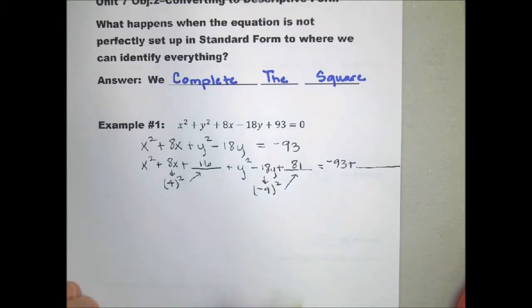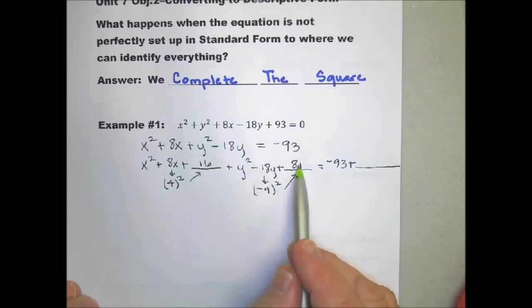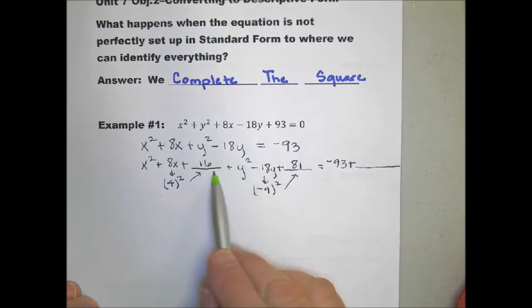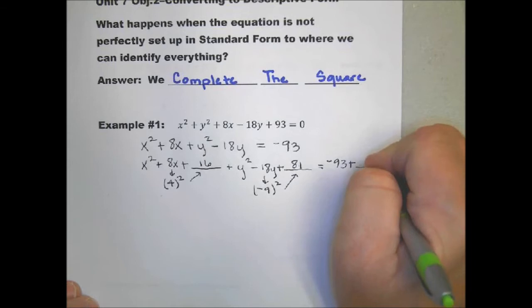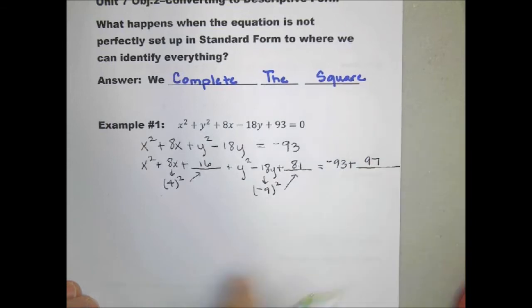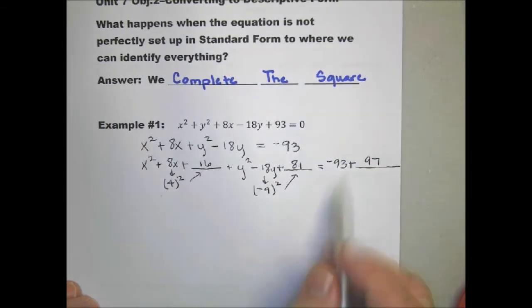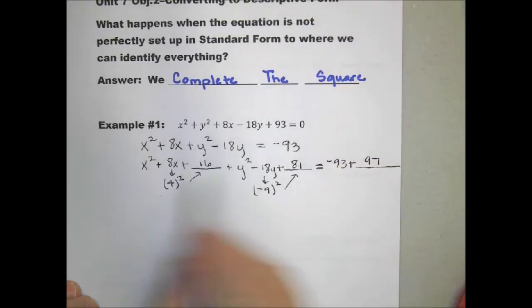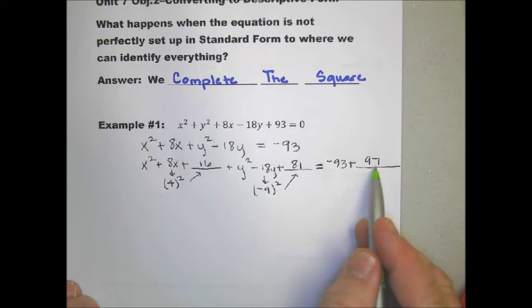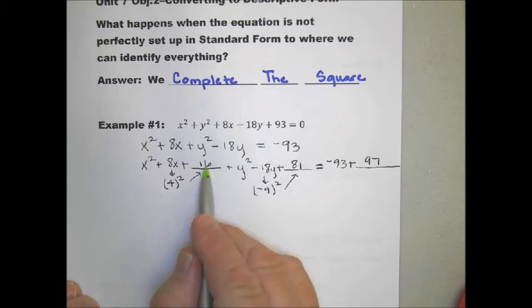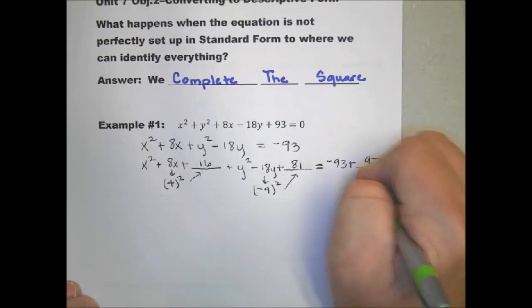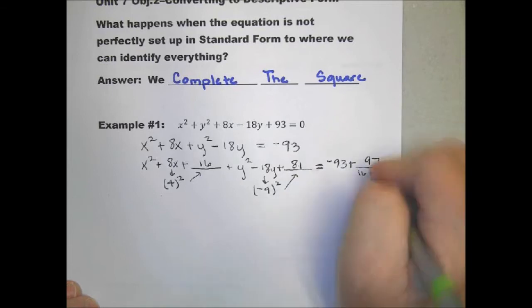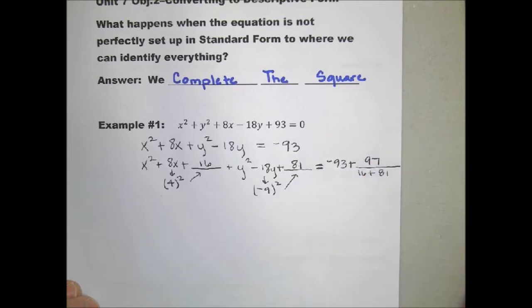Now the next question is, since I added 16 and 81 to this side of the equation, I need to add 97 to this side of the equation to make the equation balanced, because that's what the equal sign really means. The equation has to stay in balance. So this 97 was a result of this 16 and that 81.